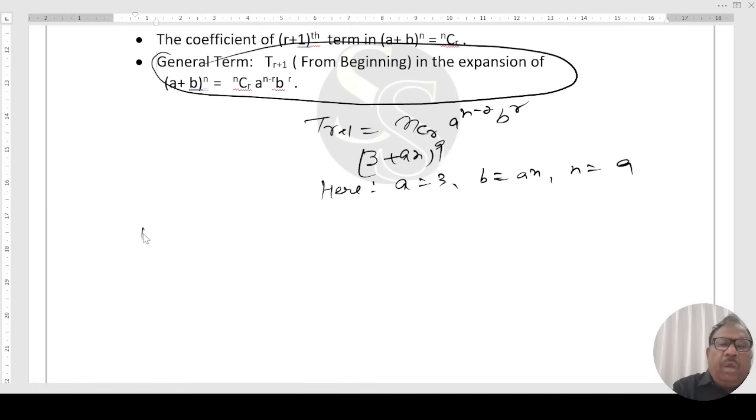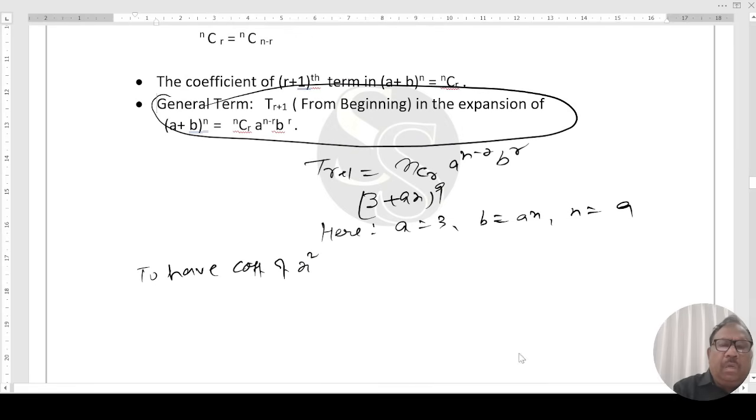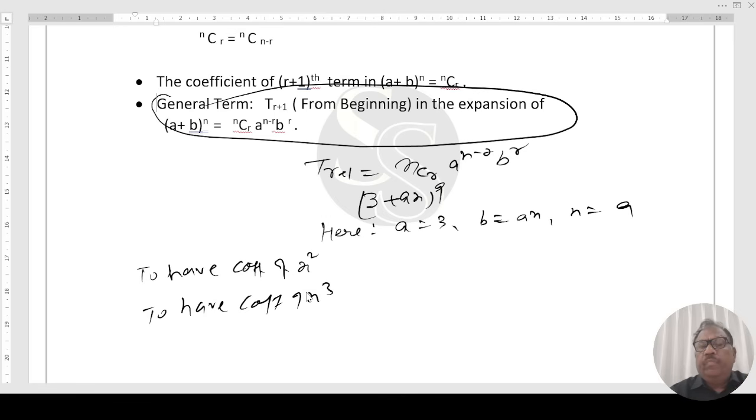We need the coefficient of x square and the coefficient of x cube.